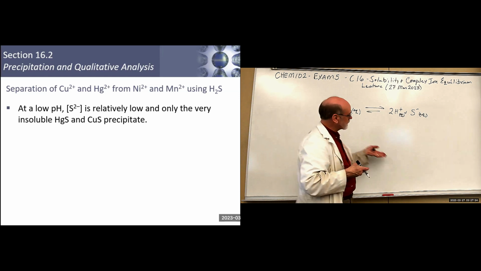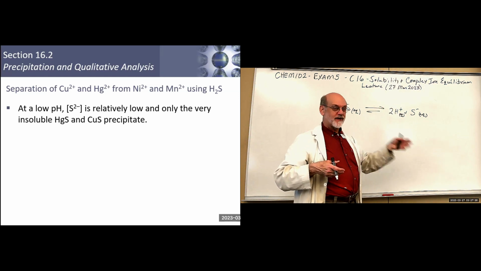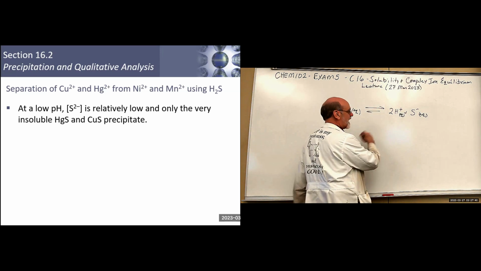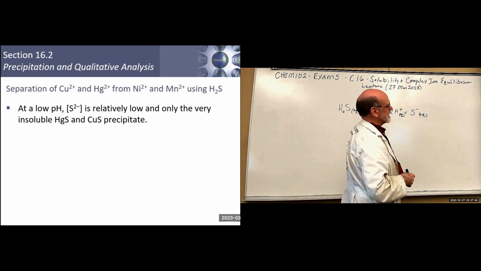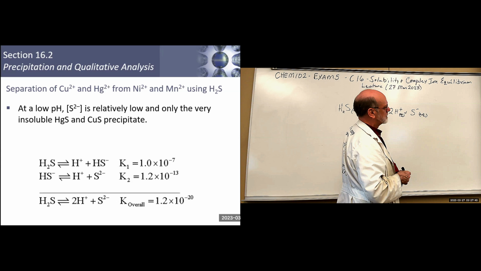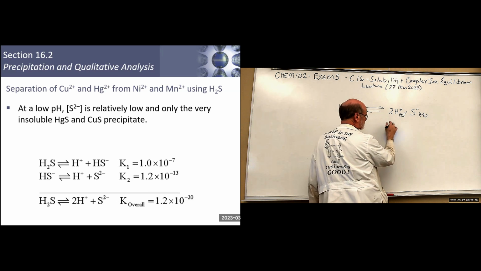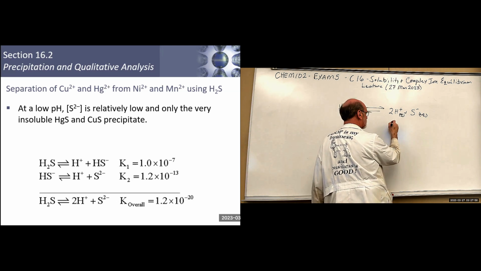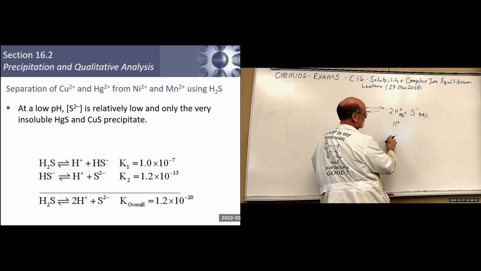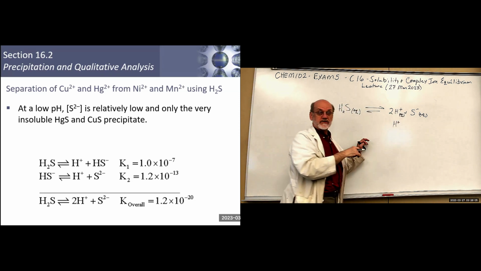And then later we'll increase the sulfide concentration and it'll take out the others. Okay, so how do we do that? If we add more hydrogen here, somehow, then it drives the reaction back this way and decreases the sulfide concentration.